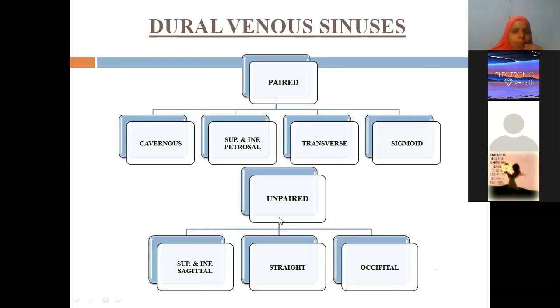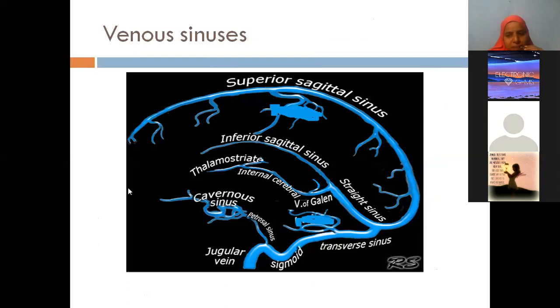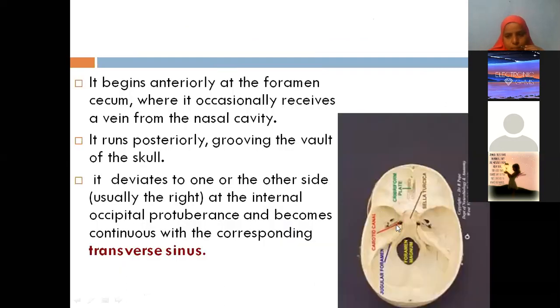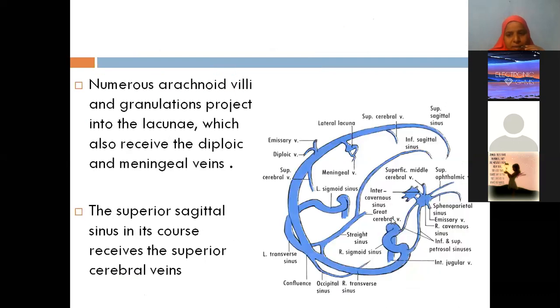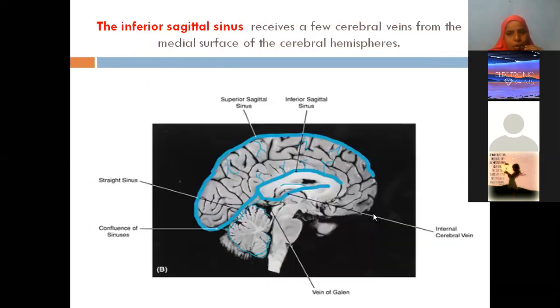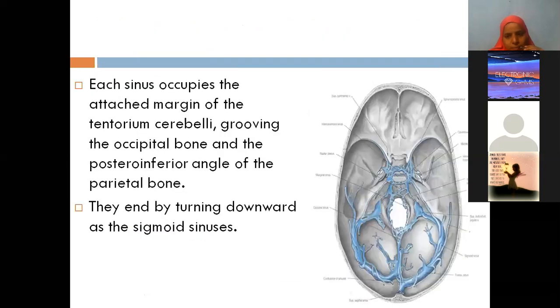Okay. Now, let us name the paired and unpaired ones. If you find both on right side and left side, so suppose this is the location for cavernous sinus. So if you find sinuses on right and left side, you call them as paired sinuses. Suppose this one is one cavernous sinus, this is one more cavernous sinus. This is paired. Okay.